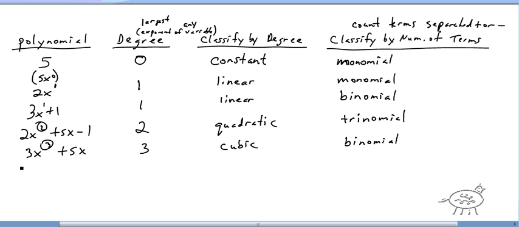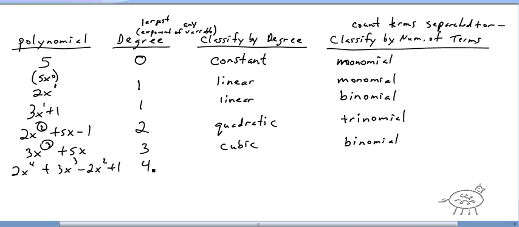Okay, another example. 2x to the fourth plus 3x cubed minus 2x squared plus 1. Okay, the degree of this one is 4. It's the biggest exponent. And this one you haven't seen before, but it's called quartic because there are 4 quarters in a dollar or 4 quarts in a gallon.